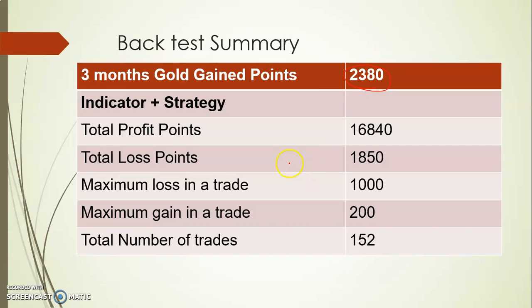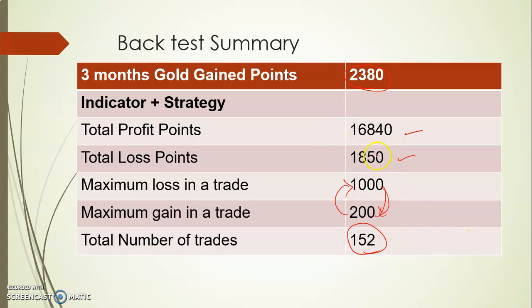If you use this indicator along with the strategy which I mentioned, you will make a profit of 1,640 and we lost 1,850 points. The total gain we made is 1,000 and the total loss we made in a single trade is 200. There is a small mismatch in that, and the total number of trades is 152.